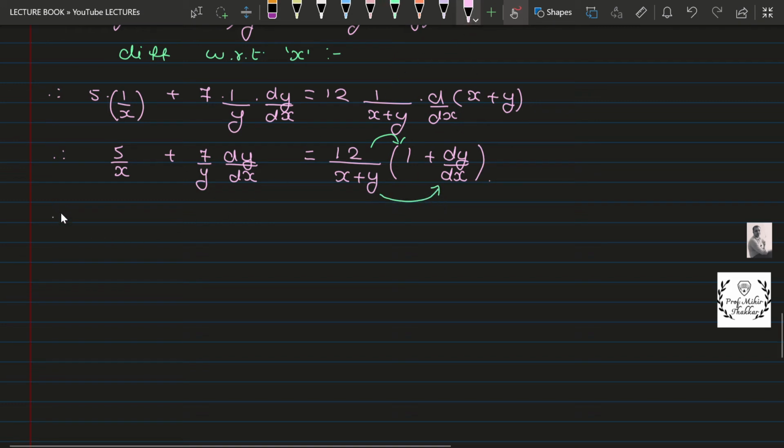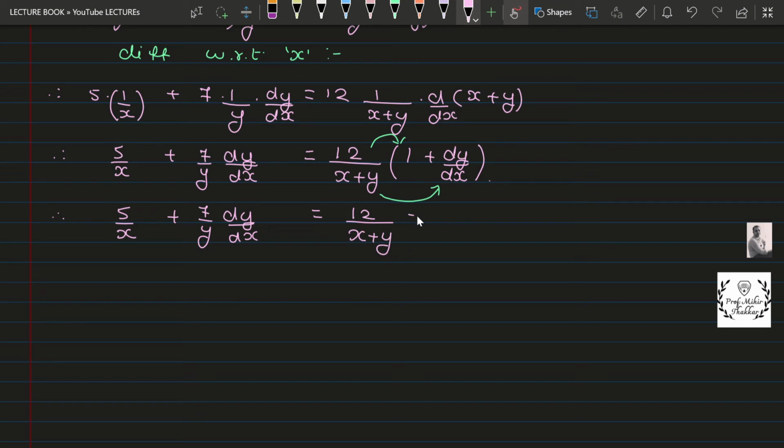So I will get over here 5 upon x plus 7 upon y into dy by dx is equal to 12 upon x plus y plus 12 upon x plus y multiplied by dy by dx.